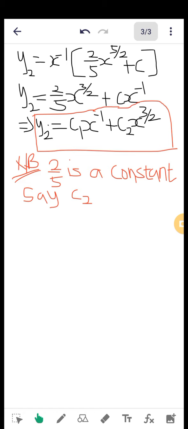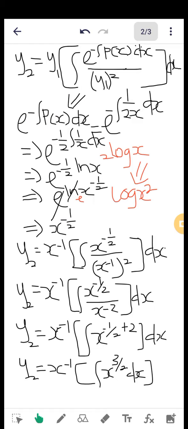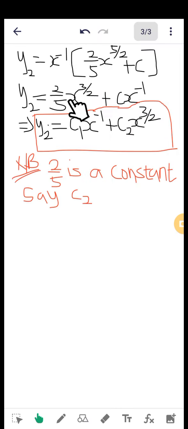So when I add 1 to x exponent 3 over 2, I am getting 5 on 2. Then you divide it by the answer, 5 on 2. But remember, when we divide by 5 on 2, the 2 rather will come as the numerator, whilst the 5 will come as the denominator. So we are getting 2 over 5 x exponent 5 over 2 plus a certain constant c.